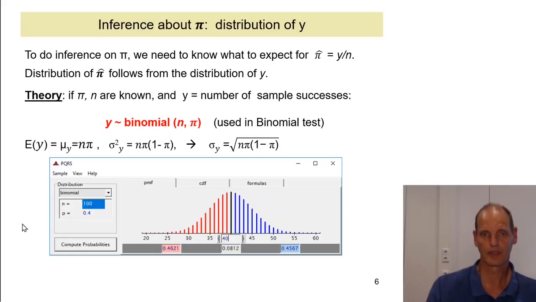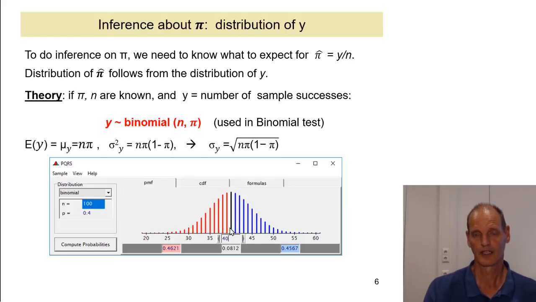Well, here's an example. For n is 100 and the success probability pi is 0.4, we could expect 40 successes.